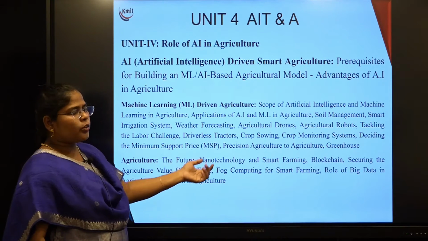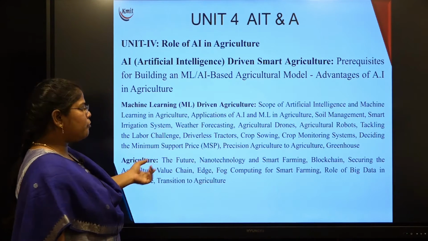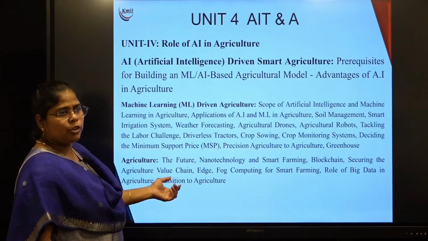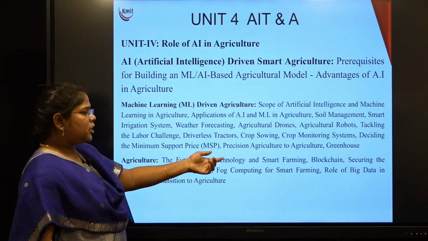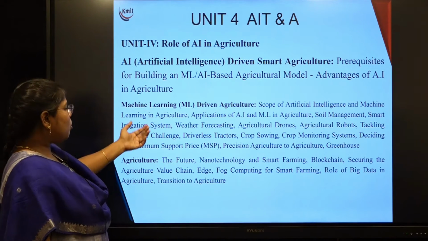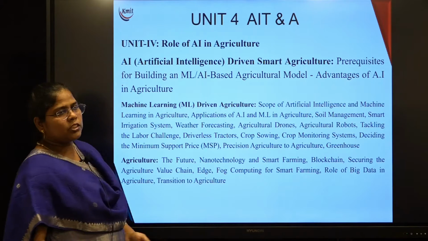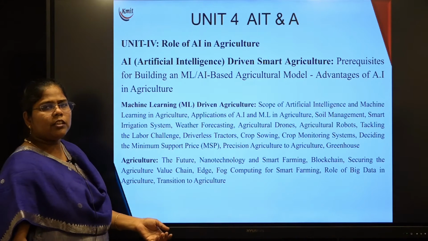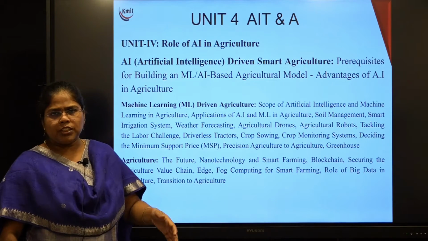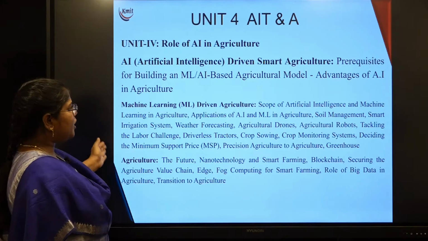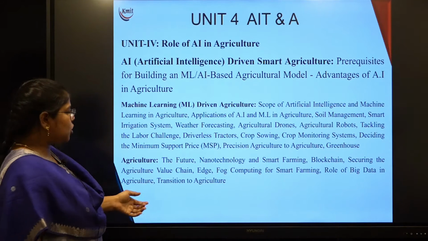So, using nanotechnology, using fog computing, what is the necessity of blockchain, what is the necessity of big data. All this we are studying in this chapter, and we will see the end-to-end project design of AI ML based agriculture systems.